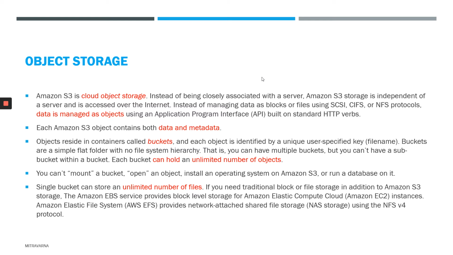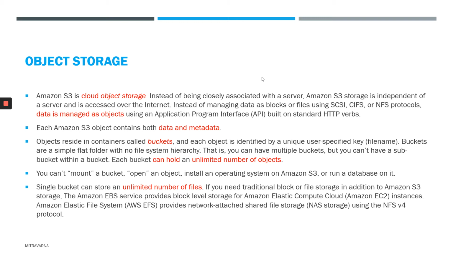So we cannot have a bucket inside a bucket. Imagine a bucket as a folder name. In a normal computer we can have a folder inside a folder, whereas in Amazon S3 we cannot have a bucket inside a bucket. We'll see that in a minute in the upcoming slides as well.